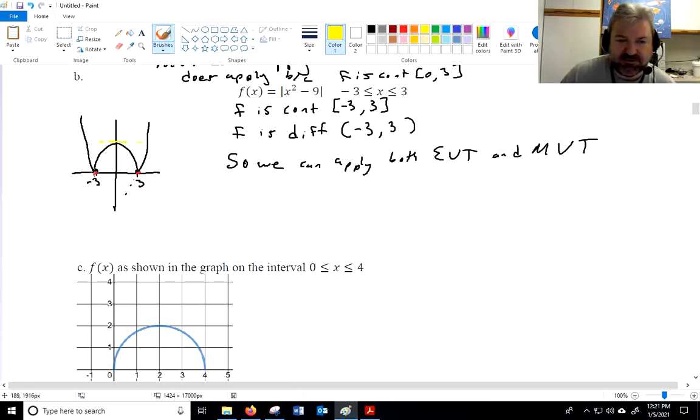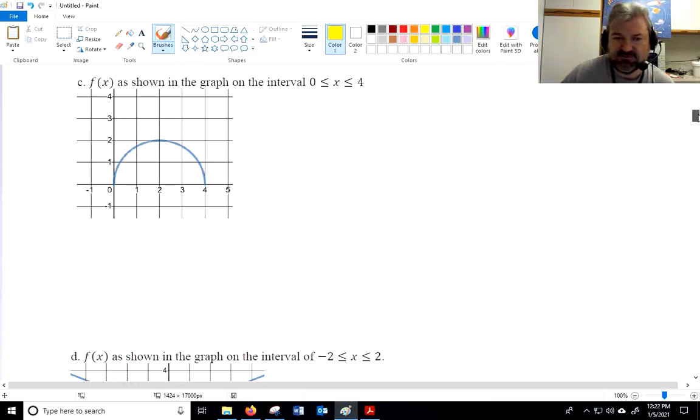There's an absolute min of 0 and an absolute max of 9. Now, the absolute min occurs at two different x values, but it is an absolute minimum of 0. So it can happen multiple places, but we're just guaranteed that it does have a lowest value. All right, let's go on to the next one.